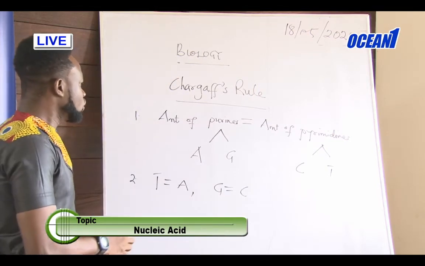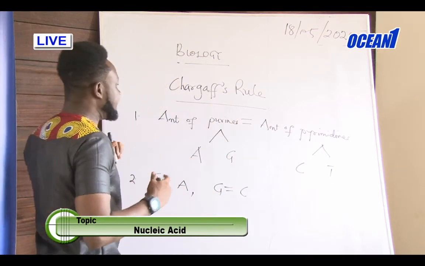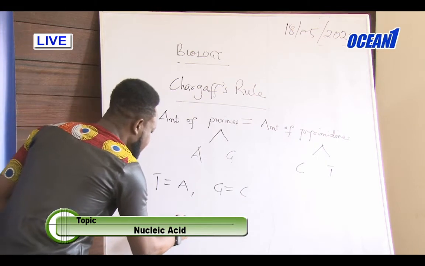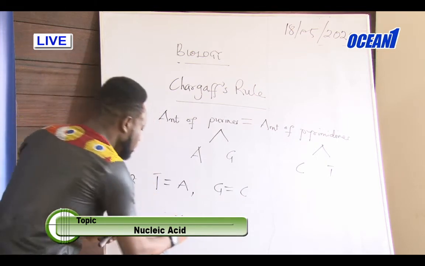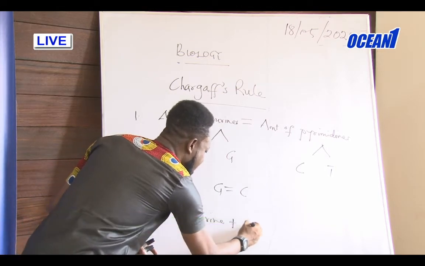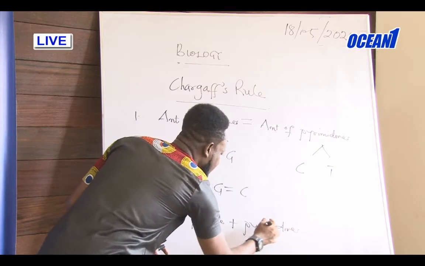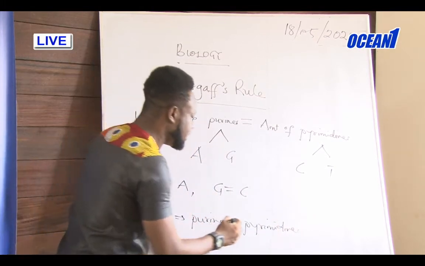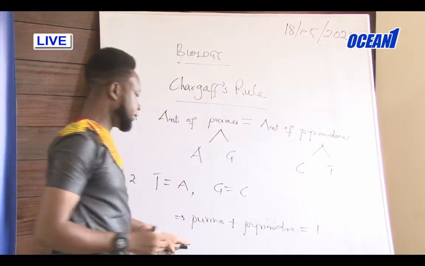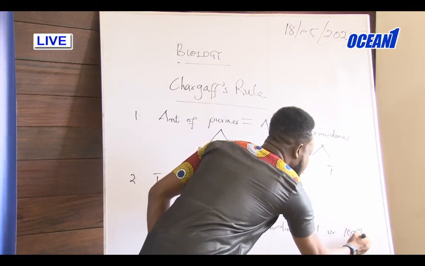Now, this is what Chargaff talked about. So, based on this principle, we could say that the total amount of purine and the pyrimidine should be equal to 1 or should be equal to 100%.